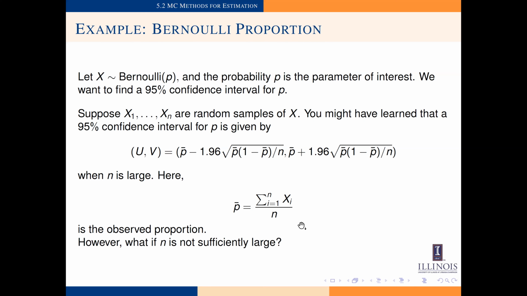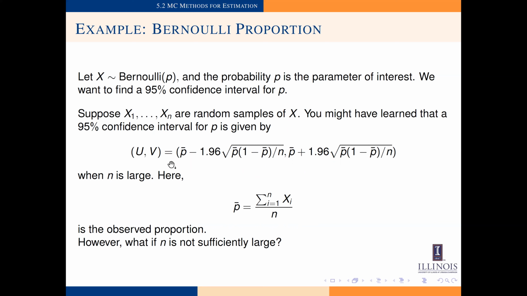So the confidence interval works if we can apply the central limit theorem. But we know that the central limit theorem is a large sample result, so our n needs to be sufficiently large. However, what if our n is not sufficiently large?